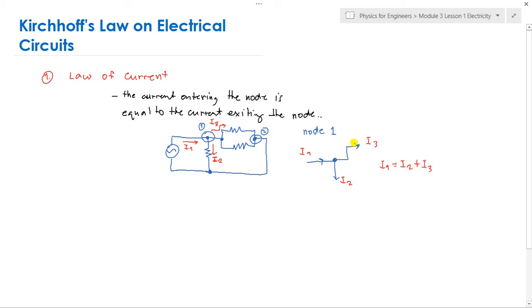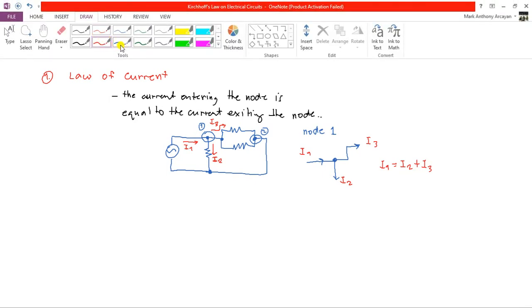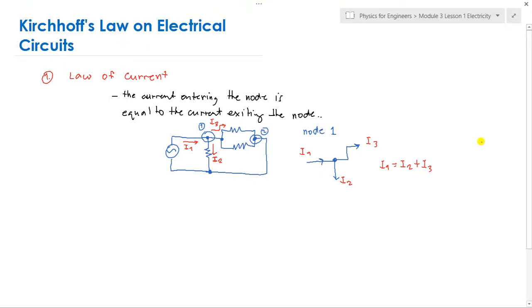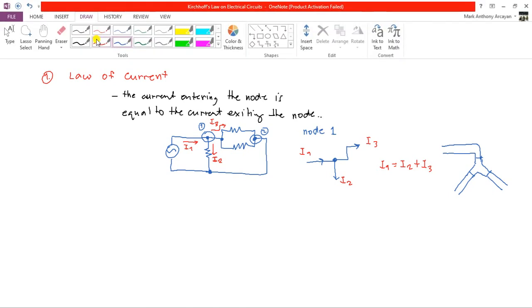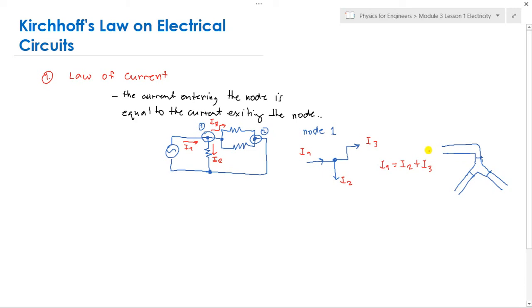This analogy is the same as with a water pipe. In our water pipe, let's say we have a pipe with branches and fittings, and flow goes out again. If a pipe enters this fitting, our fitting is the same as our node in the electrical circuit.